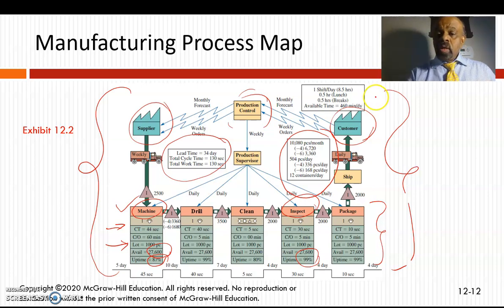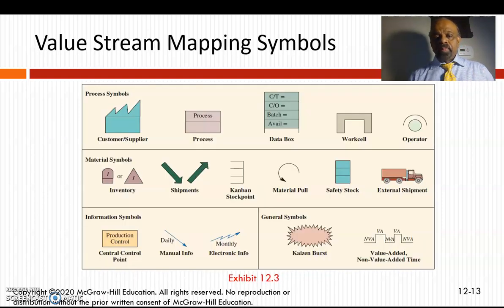It also gives you the shifts, the time for lunch and breaks, and the available time. So this pretty much gives you the important factors of the manufacturing process in a company. And this is a manufacturing process map.